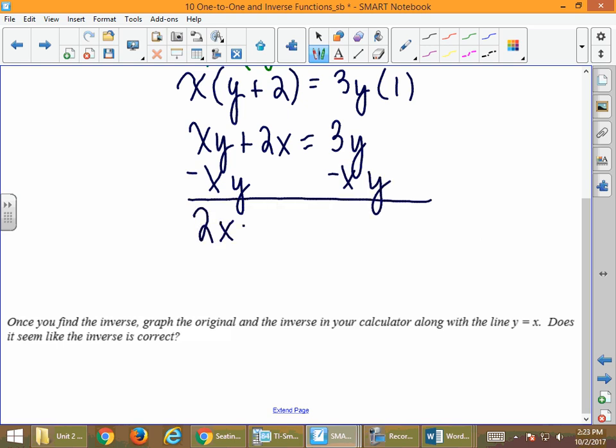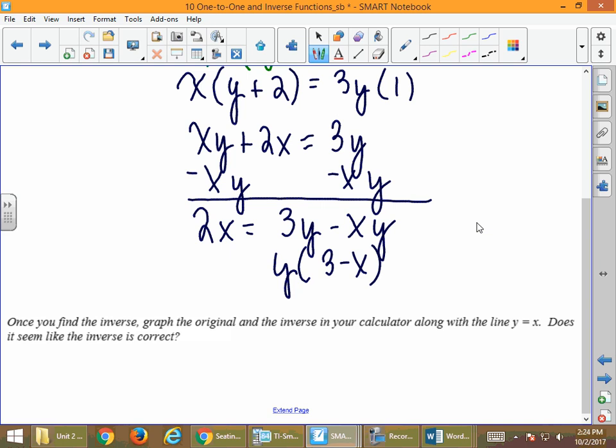So we get 2x equals 3y minus xy. How are we going to get y by itself? Carolyn? We cannot divide them. Good try. Not the y side, kind of. Before we can divide, we need to factor out the y.